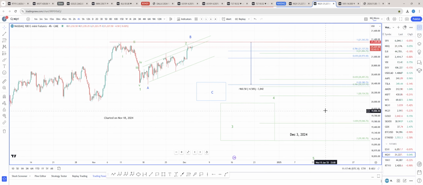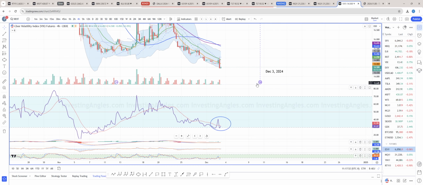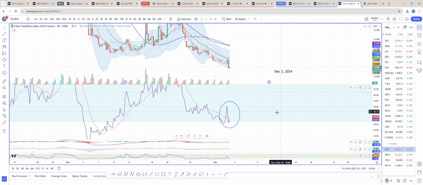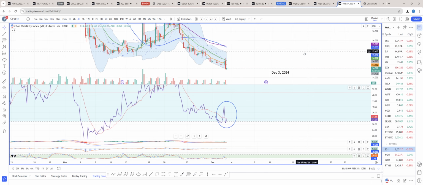All right, so that's the perspective for Nasdaq, and let's move on to volatility and see what is going on right now. So this is the 4-hour chart, and it's just closed the 4-hour candle. And well, let's have a closer look. So far, it looks like there is a possibility of a closer bottom, but we are not sure about this yet.